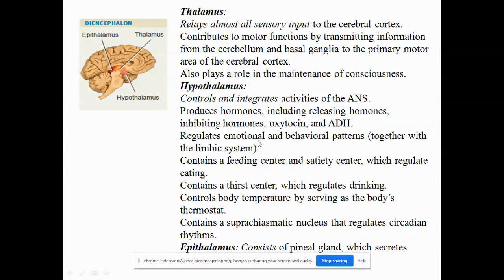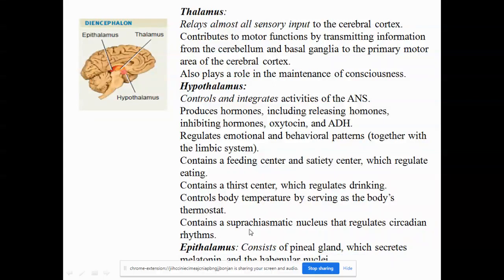It regulates emotional and behavioral patterns, such as anger, together with the limbic system. It also contains the feeding center and the thirst center, which regulate satiety, fullness of the stomach, and also drinking. It controls body temperature by serving as the body's thermostat. It also contains the suprachiasmatic nucleus that regulates the circadian rhythms, the sleep-wake cycle.